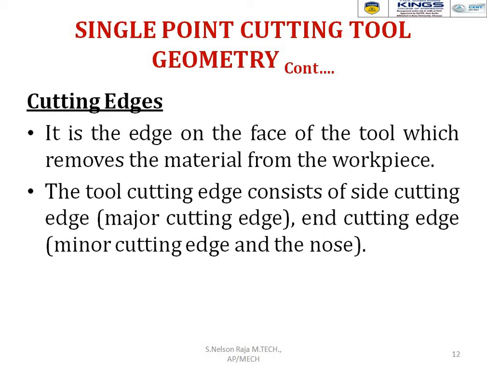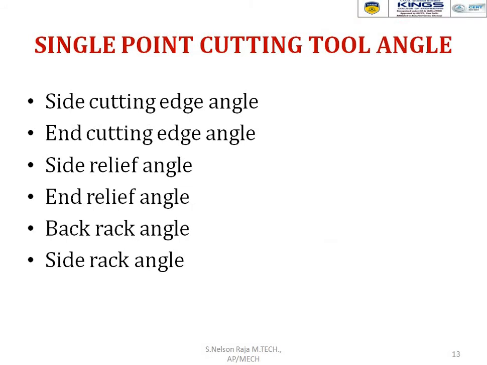The tool cutting edge consists of a side cutting edge, the major cutting edge, an end cutting edge, also called the minor cutting edge, and the nose. So the important geometry is the cutting edge, where the tool and workpiece have direct contact; that region is called the cutting edges.